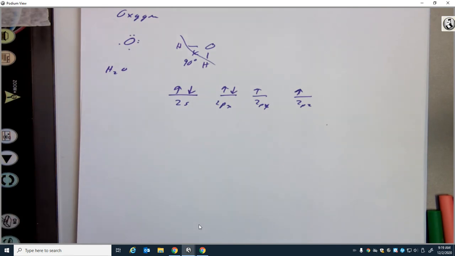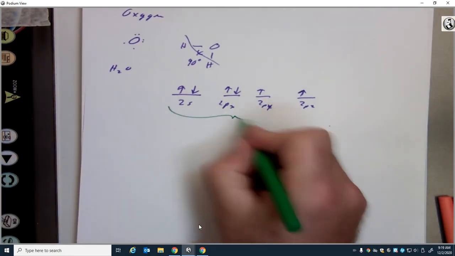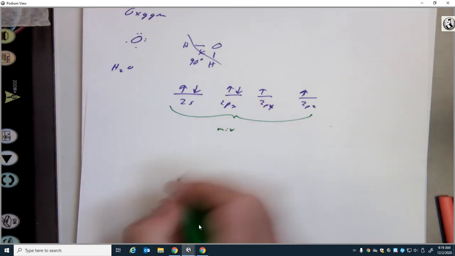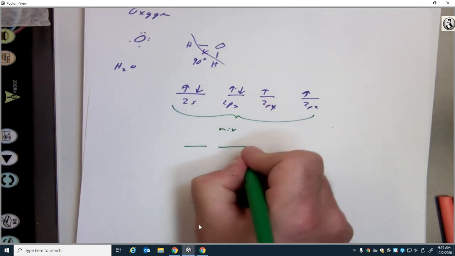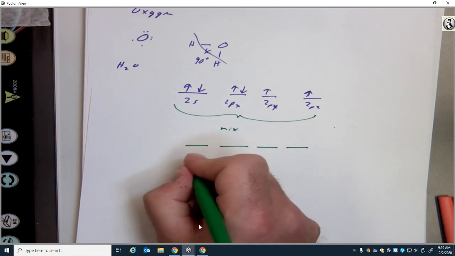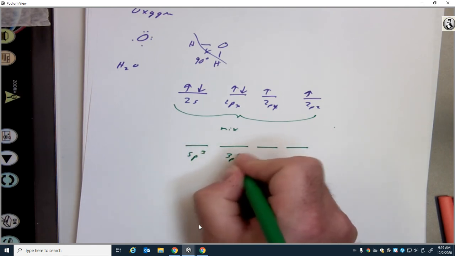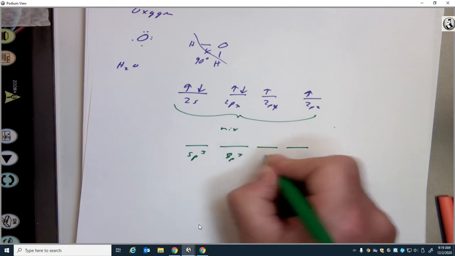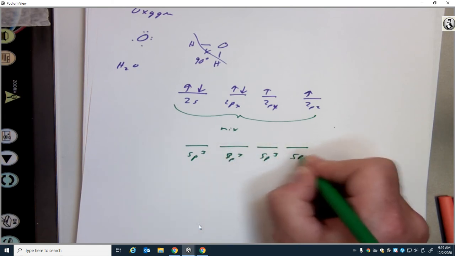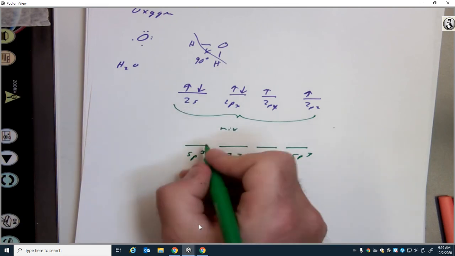So it mixes all of these orbitals, and we end up with 4 sp3 orbitals.